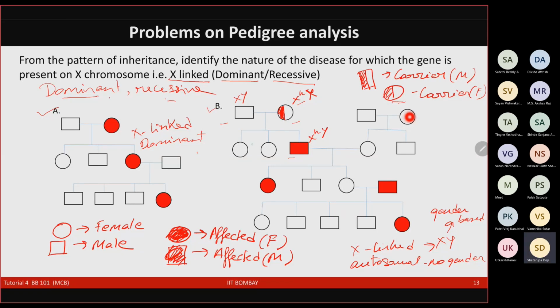Now here in the first generation, the male is affected. He is getting married to a female. And then in his progeny, one of the females here is affected. Since one of the females is affected, it means that this person's mother is also another carrier here.